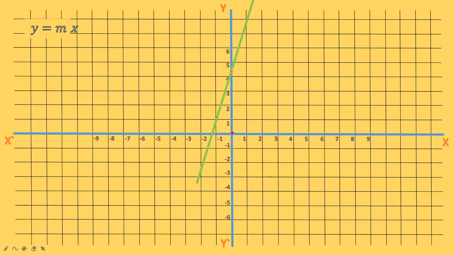This line crosses the y-axis at this point. Now suppose I move the line down, same line, without rotating. This line crosses the y-axis at this point. Suppose I move it to the right, it crosses the y-axis at this point. Sorry, it doesn't cross the y-axis here. I'm sorry, that's the x-axis.